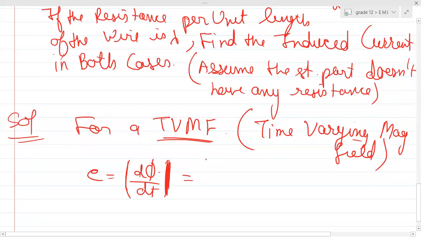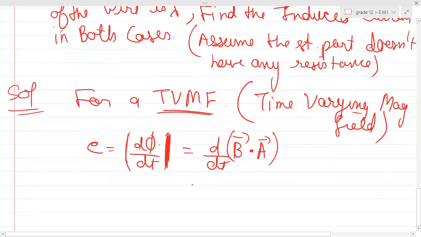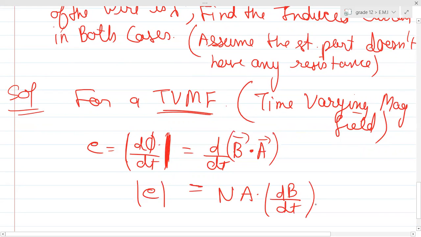And we know phi is basically N into B into A cos theta, right? So the EMF will be equals to N into A into dB by dt.